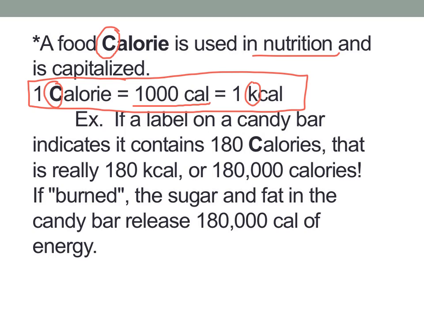So for instance, if we have a candy bar and it is labeled with 180 big calories, that's really 180 kilocalories or 180,000 calories. So just be mindful of that. If you're looking at a nutritional label, it's not actually 180 calories that we would see in chemistry class. It's 180,000 calories.